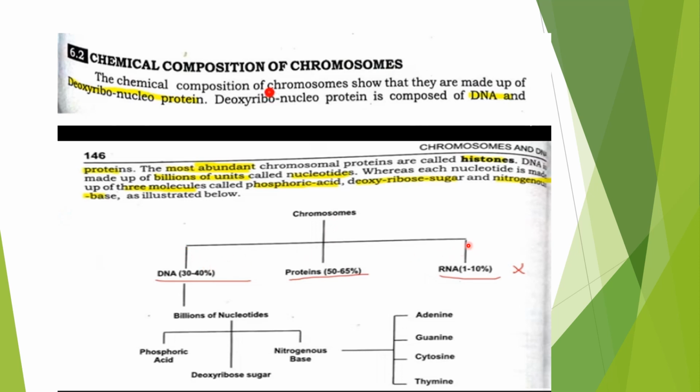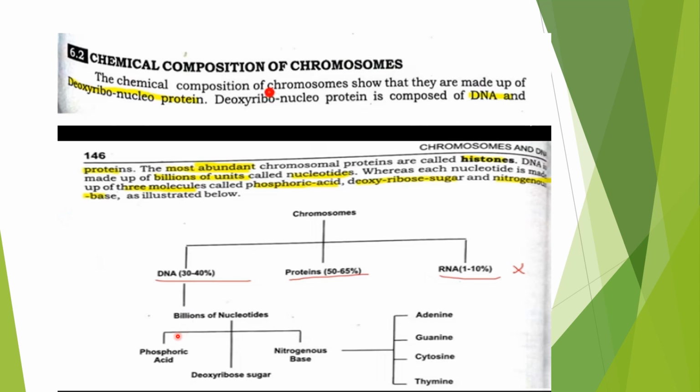Although a small quantity of RNA is present, its percentage is very small, so we can neglect it. Mostly it is made up of DNA and proteins. The proteins present are mostly histone proteins, but some other proteins are also present. And DNA is deoxyribonucleic acid.